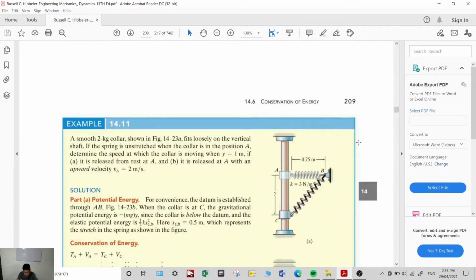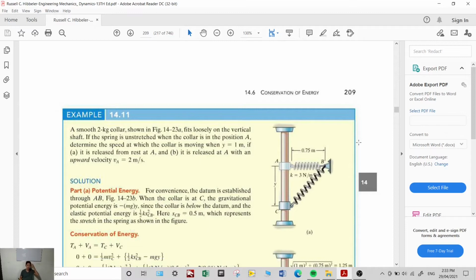Let's take this example wherein you have a smooth 2 kilogram collar, as shown in the figure, that fits loosely on the vertical shaft. If the spring is unstretched when the collar is in position A, so at position A it is horizontal, this is the unstretched position.